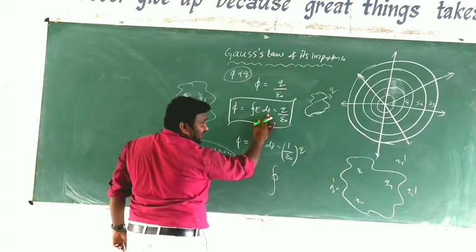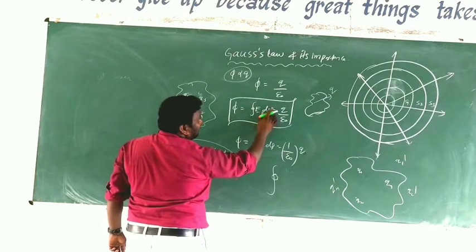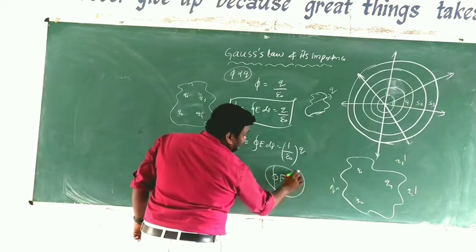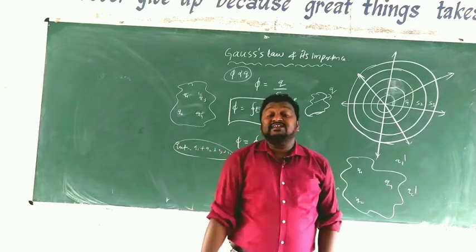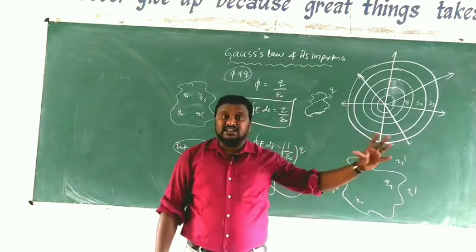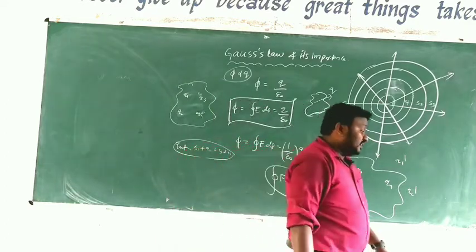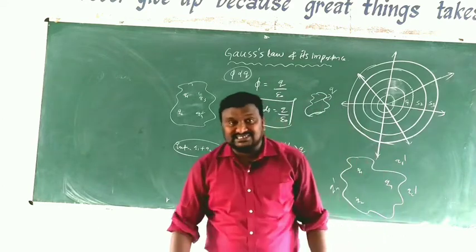This is the formula for flux for an arbitrary surface. I already explained it in previous videos, just watch it again. Now the Gauss law can be explained with one example.